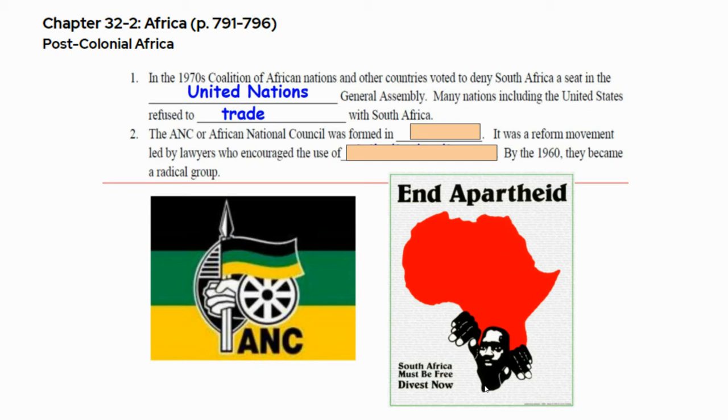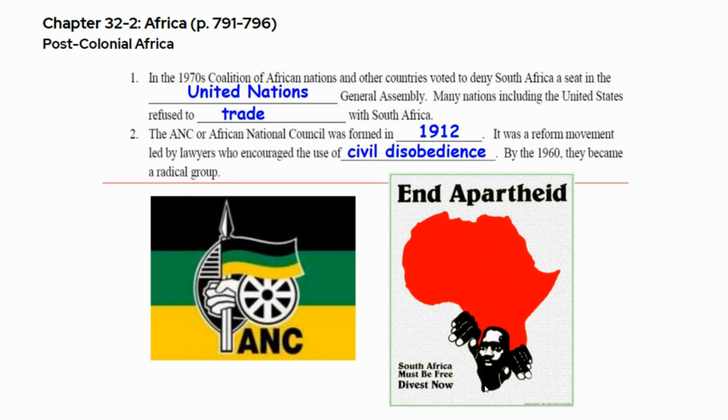A lot of that stems from the events that happened after about 1977 with the death of Steve Biko. Anyway, the ANC, or the African National Congress, was formed much, much earlier, in 1912. And it was a reform movement led by lawyers who encouraged the use of civil disobedience.